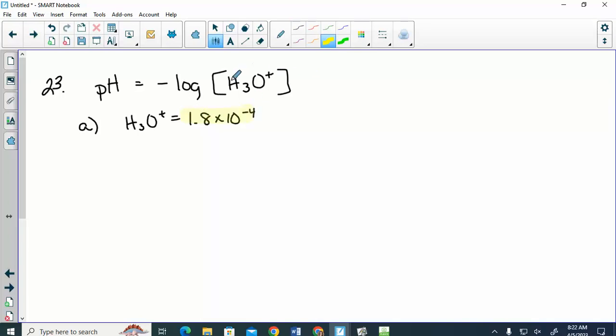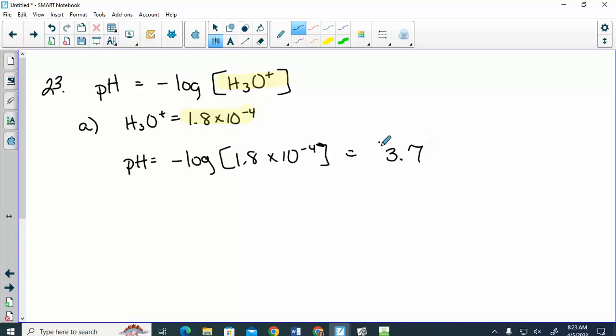So all you're doing is plugging that into your equation. So we have negative log 1.8 times 10 to the negative 4. If I go to my calculator and put that in, we typically just did one decimal place for pH. So we get a pH of 3.7.